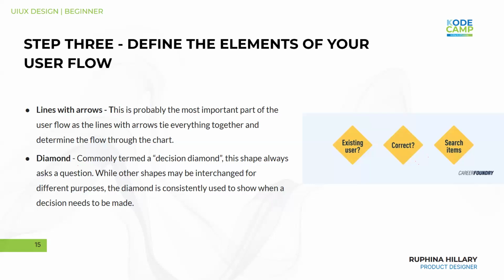It's at a stage where a decision must be made. Are you going this route or are you going this other route? Correct, yes or no. If it's correct, yes, you can proceed. If it's not correct, you have to probably change something. So we use diamonds to represent this decision phase.